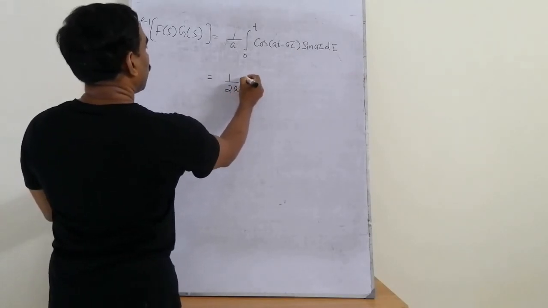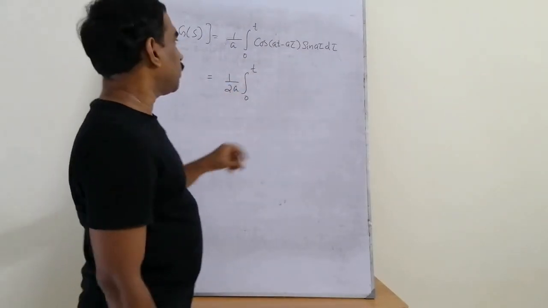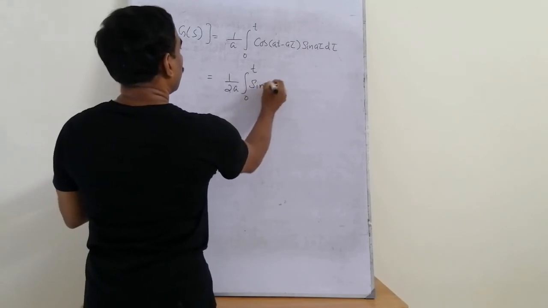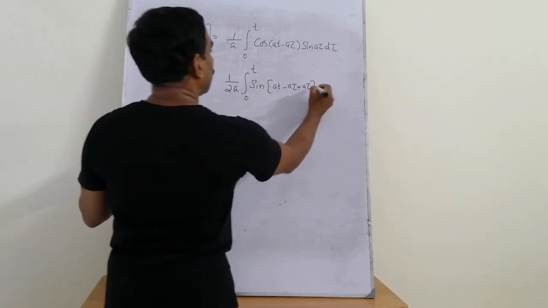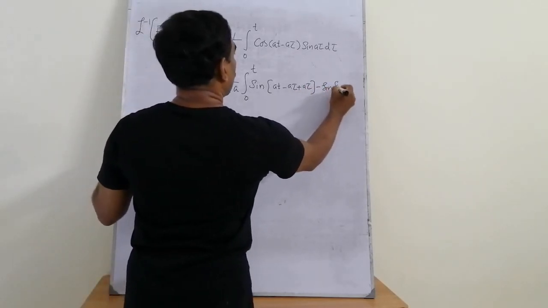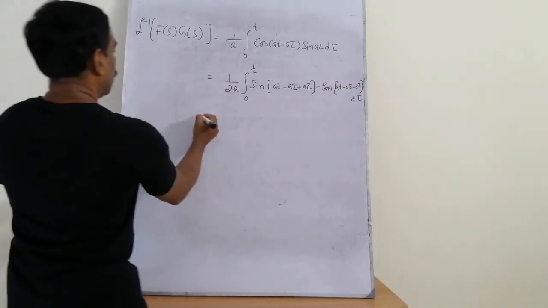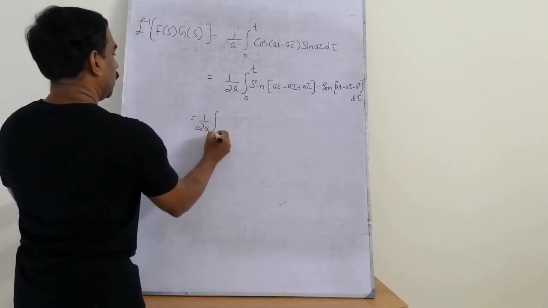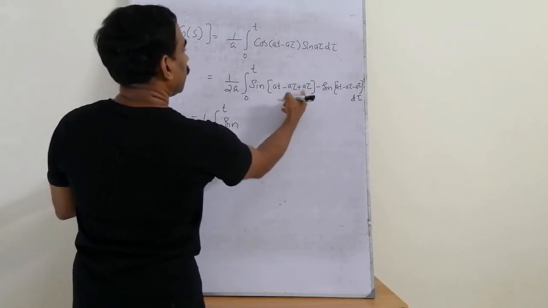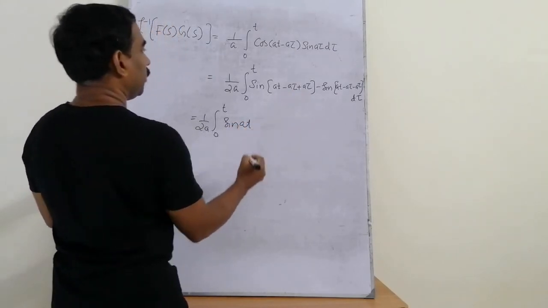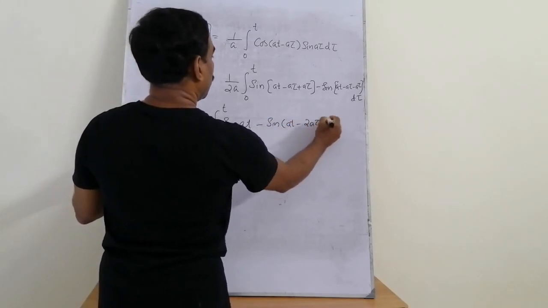We have only one a outside, so this is 1 by 2a into the integral 0 to t of sin(a t minus a tau plus a tau) minus sin(a t minus a tau minus a tau) d tau, equal to 1 by 2a integral 0 to t of sin a t minus sin of (a t minus 2a tau) d tau.